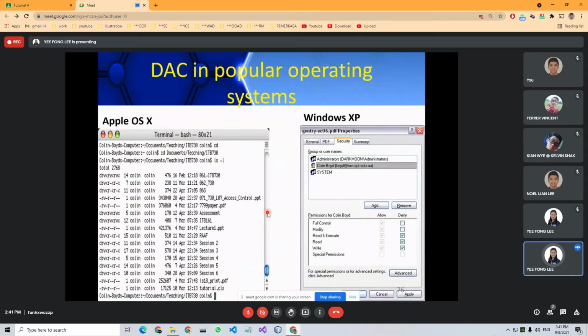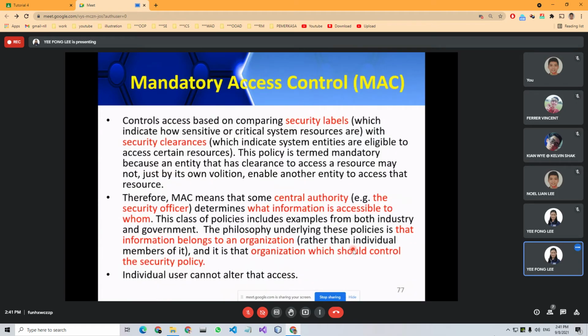DAC in a popular operating system. So for a Windows PC, we can see the properties. Okay, the permission rights are listed here. MAC controls access based on security level here. How sensitive the resources are and who is eligible to access certain resources.